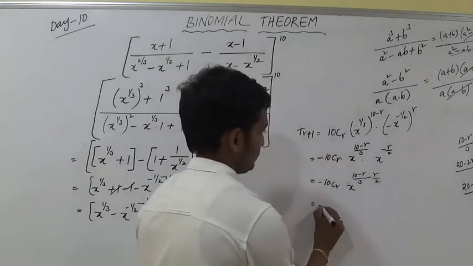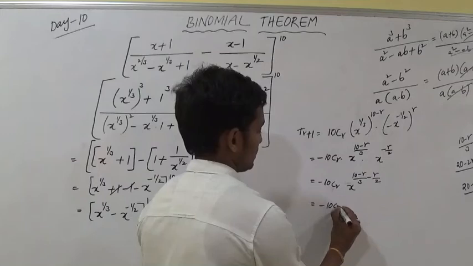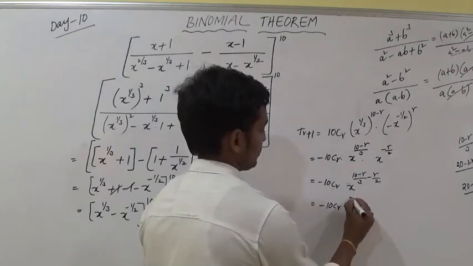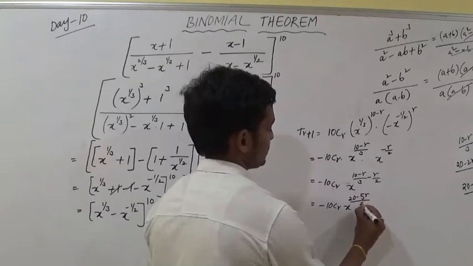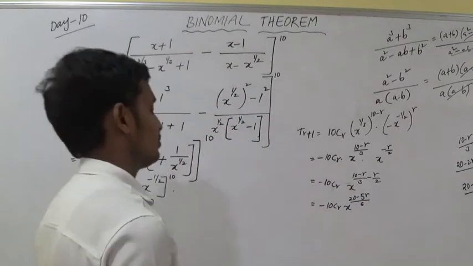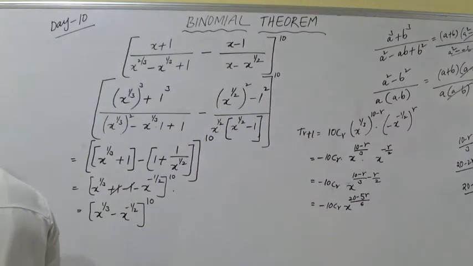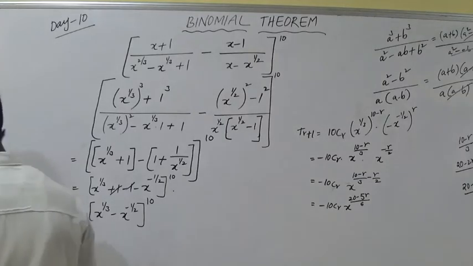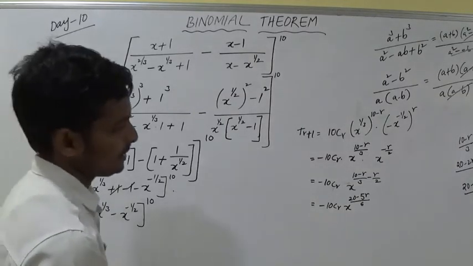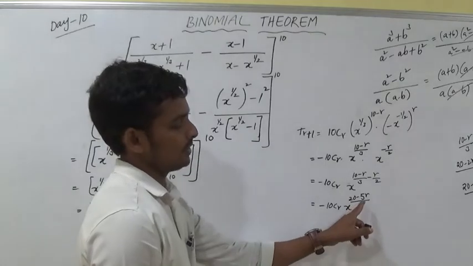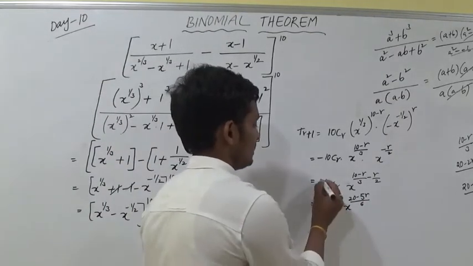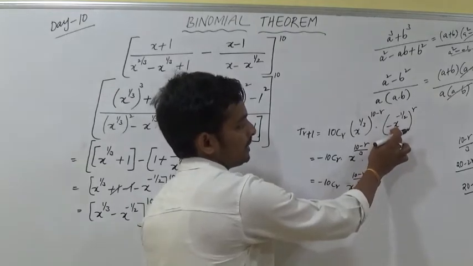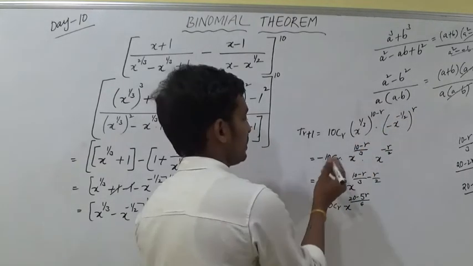That is equal to minus 10 C r x to the power of 20 minus 5r by 6. But the question is minus 10 C r x to 20 minus 5r by 6, actually this is not minus, it is plus, because minus 1 to the power of r, we take common like this.